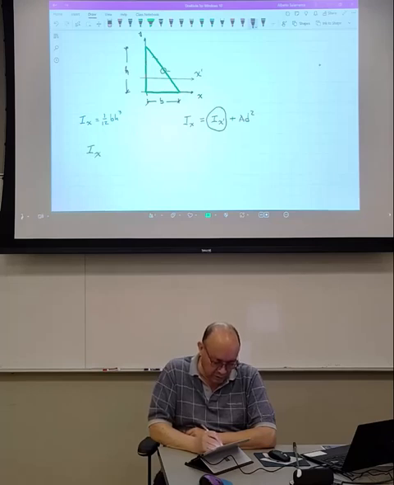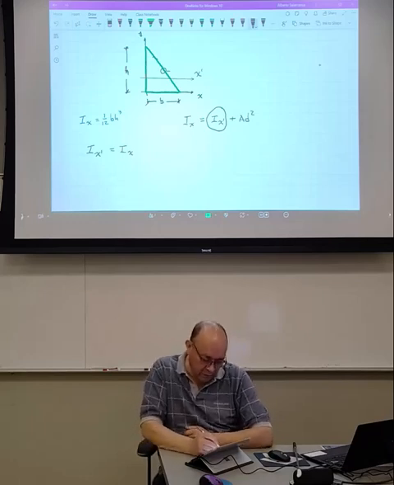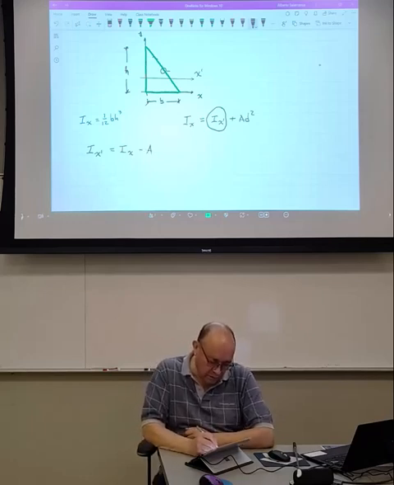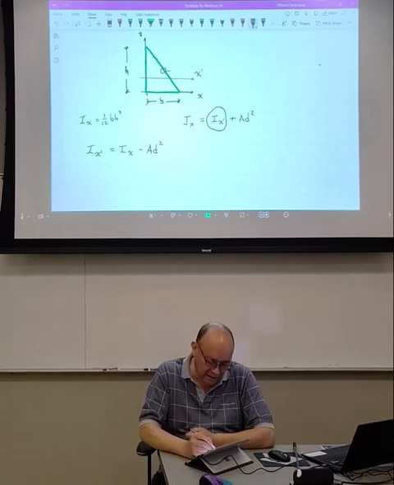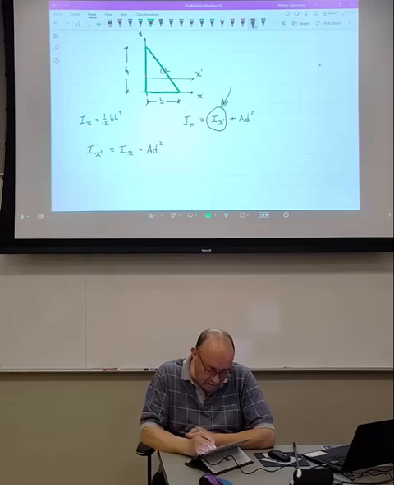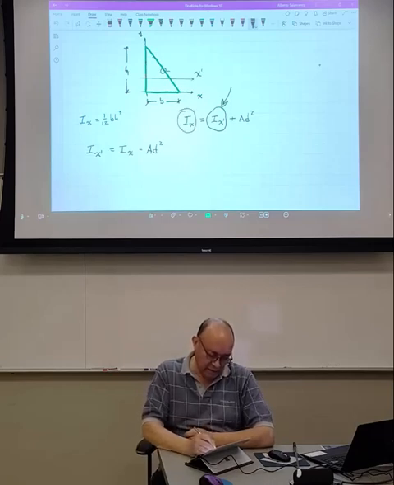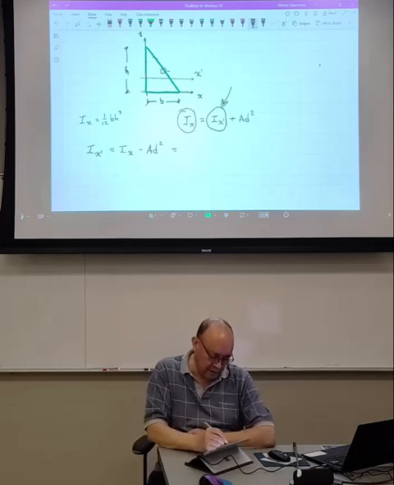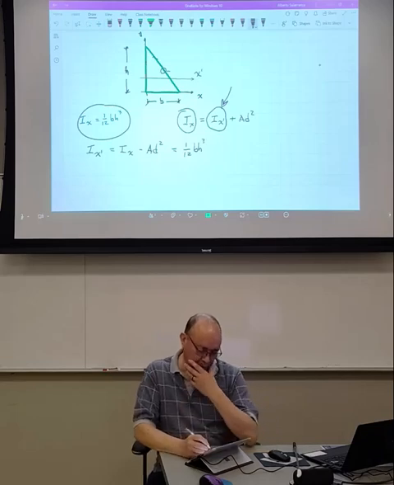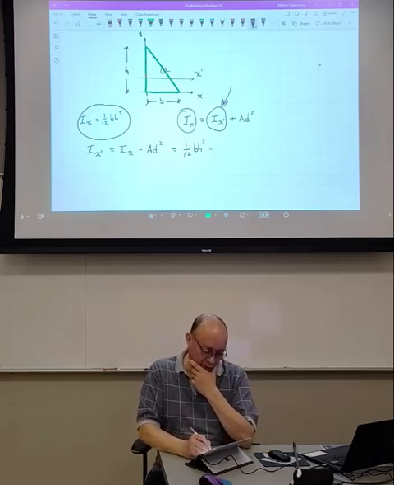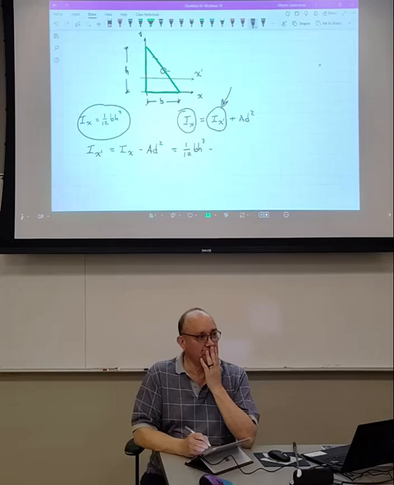The centroidal is equal to the other one minus Ad squared, right? Agree? I am calculating this one, not the one outside. So what is Ix? We just have it here: 1/12 bh cubed, minus the area. What is the area of the triangle? 1/2 bh.